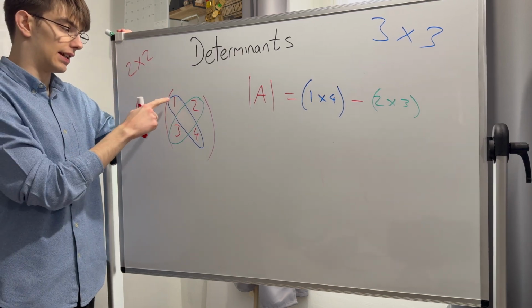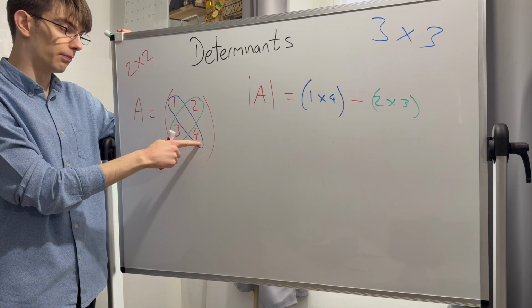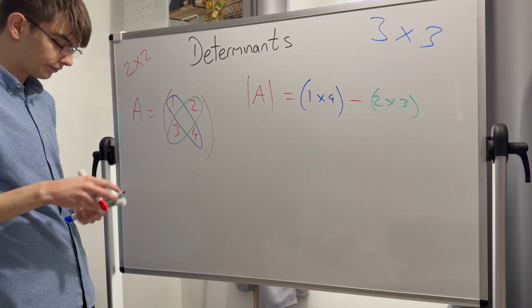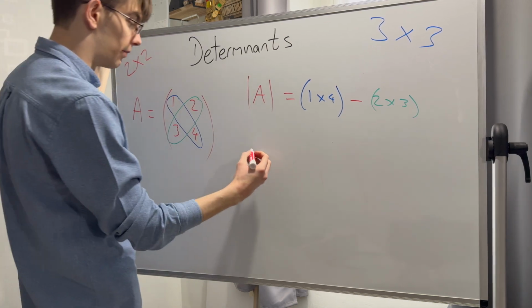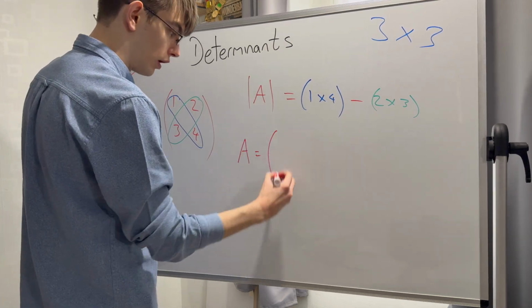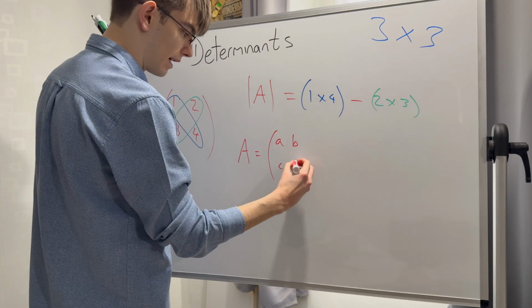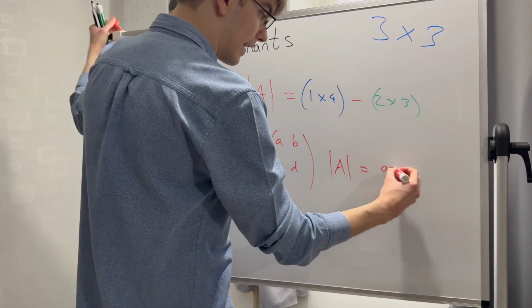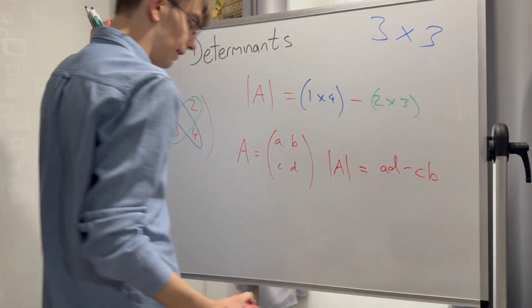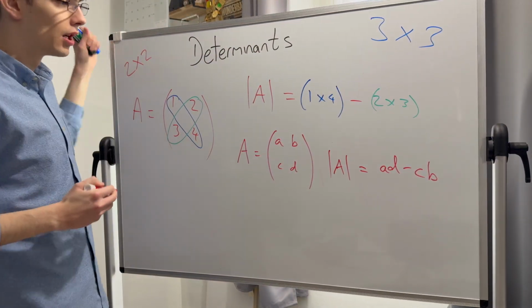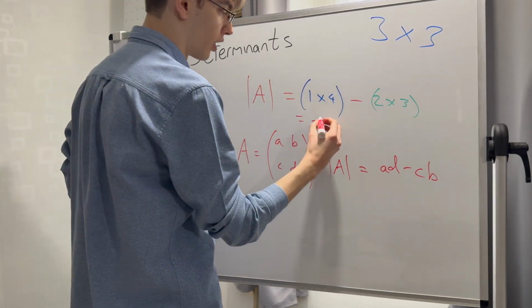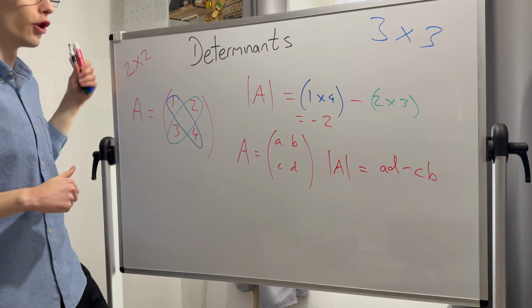So it is top left times bottom right minus top right times bottom left. Generally, if I have the matrix A, B, C, D, the determinant of that matrix is AD minus CB. Nice and simple. So in this case, 4 minus 6, my determinant is minus 2.